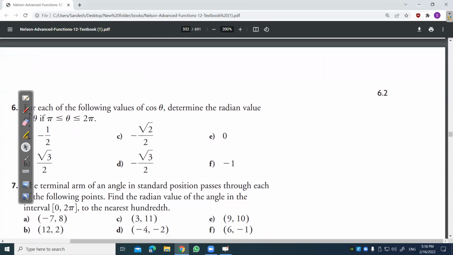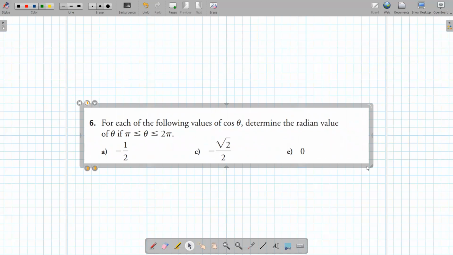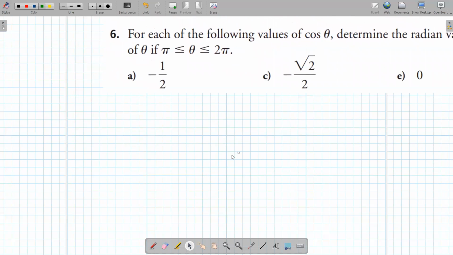Let's do number 6. We just have to do 2 of them, we don't have to do all of them. They're asking us to determine the value of cosine. For any ratio, there's going to be 2 different angles.